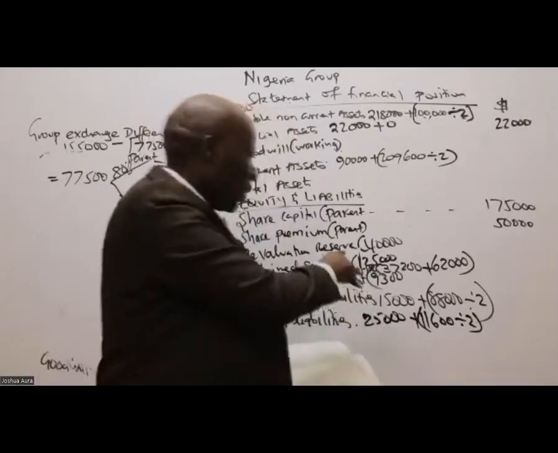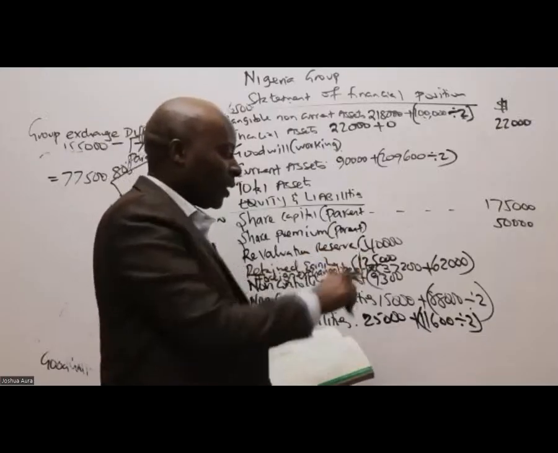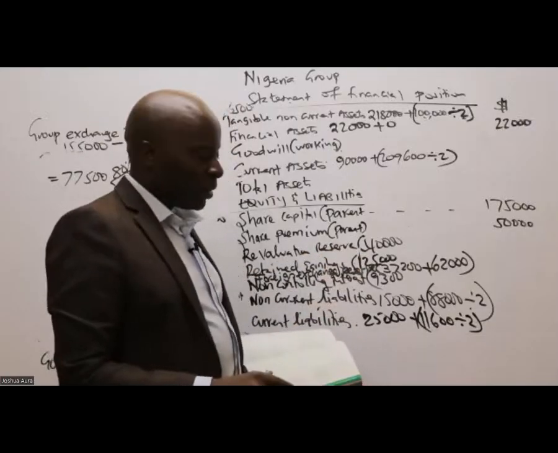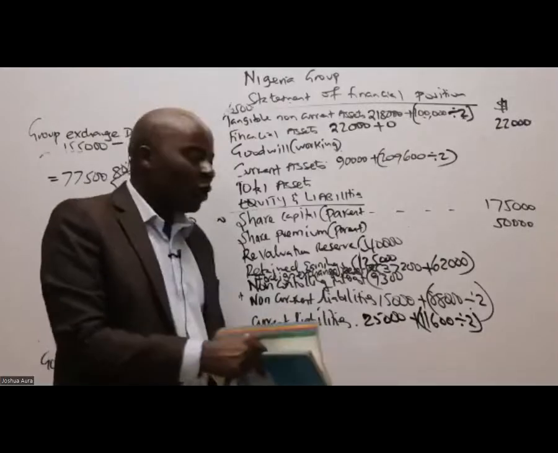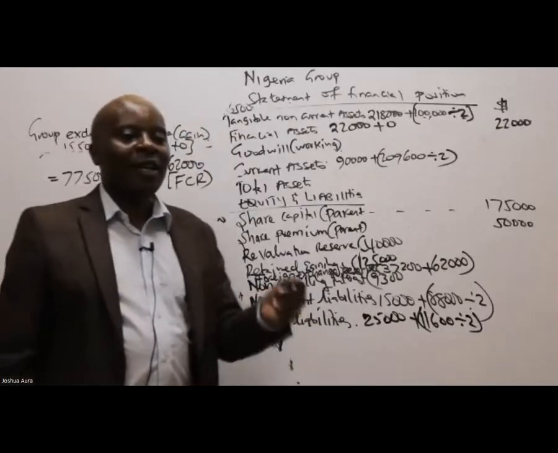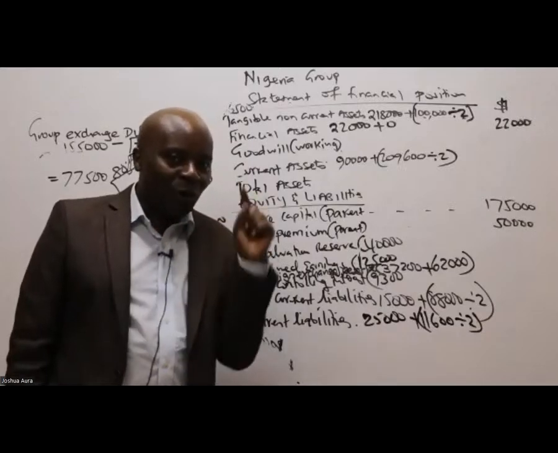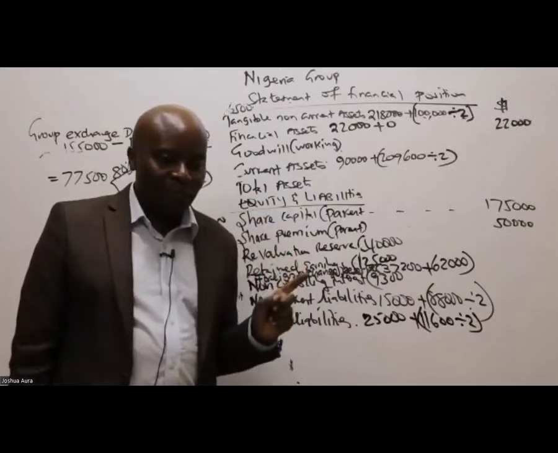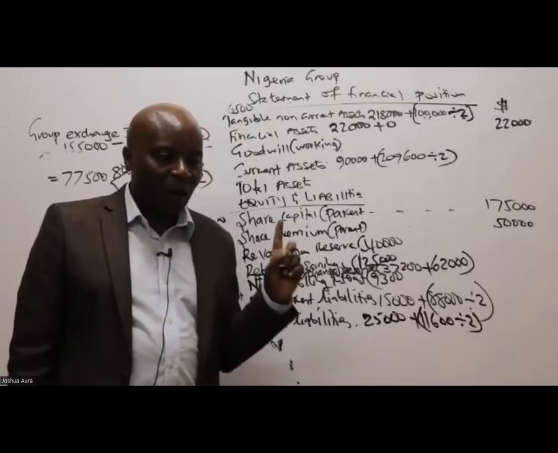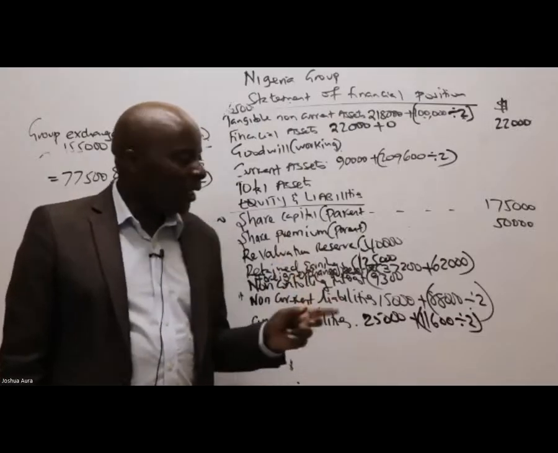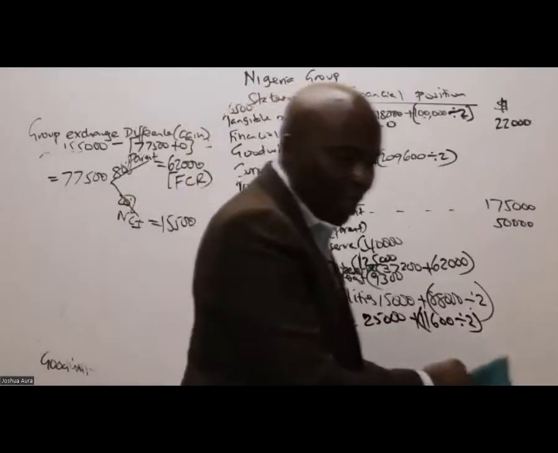I would want us to close this because this is not very clear. Remember, the foreign currency reserve normally comes from the retranslation of our net assets and the goodwill, only that. Somebody is giving us 99,200.